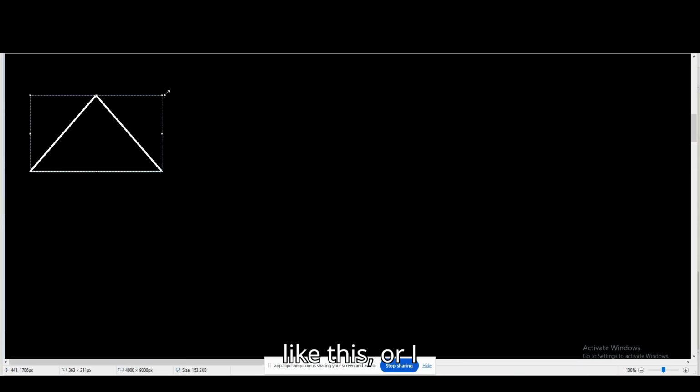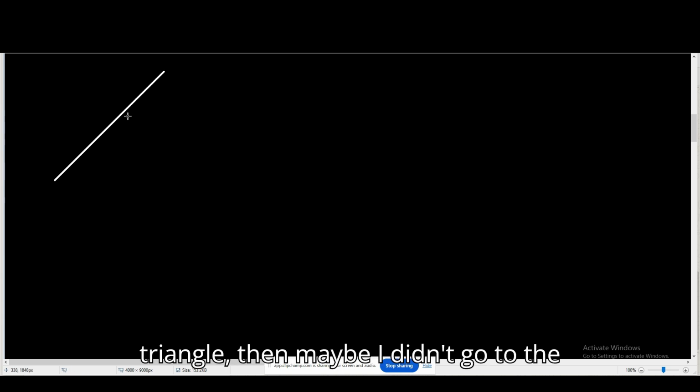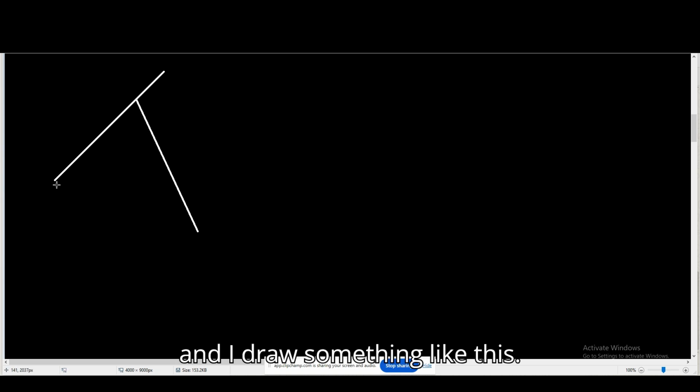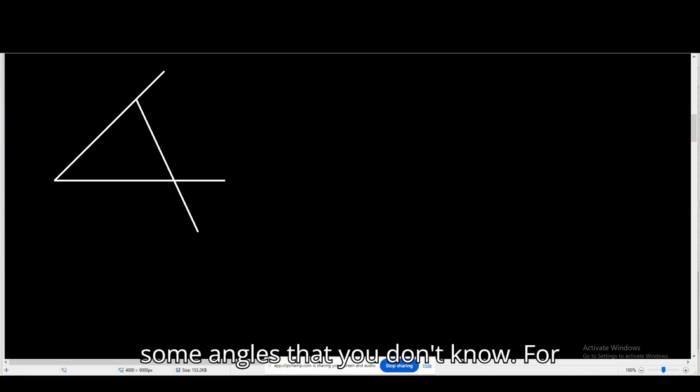Just now, maybe we want to draw a triangle like this, or I just have a line here. For a triangle, I just draw something like this, and something like this. Then I ask you to find some angles that you don't know.